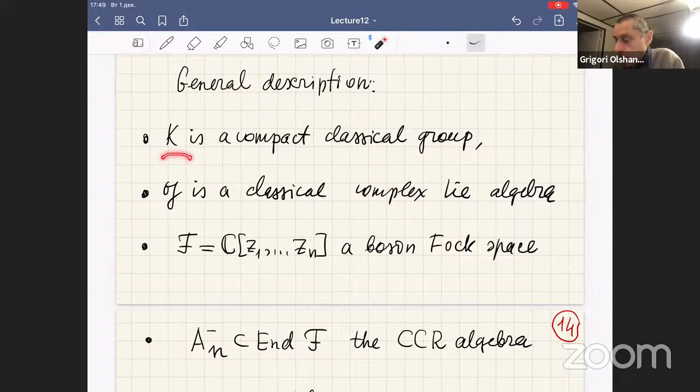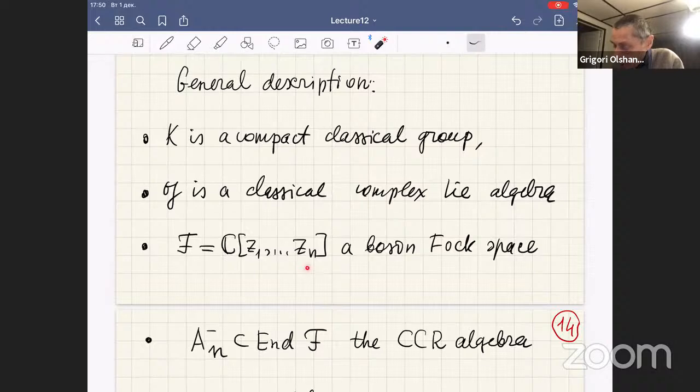So what we have? There is some compact classical group. It will be orthogonal, unitary, or symplectic unitary group. Next, there is some classical complex Lie algebra. I will explain what it is. Next, we have a boson Fock space with n, one can say, degrees of freedom.